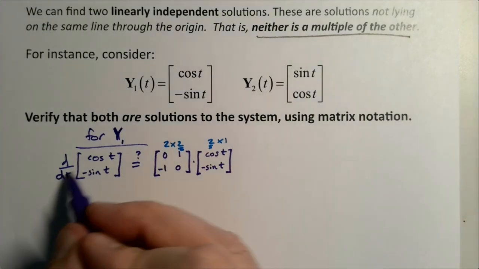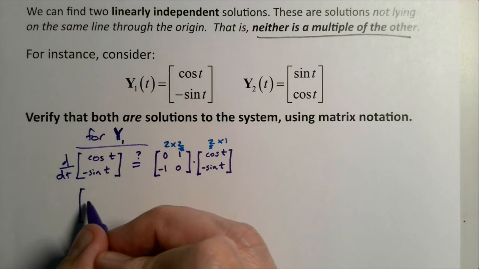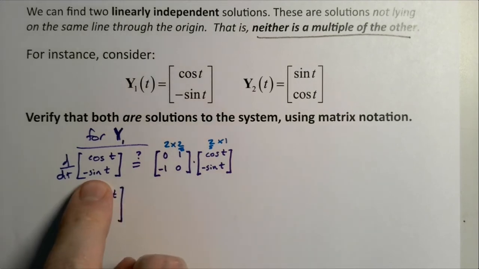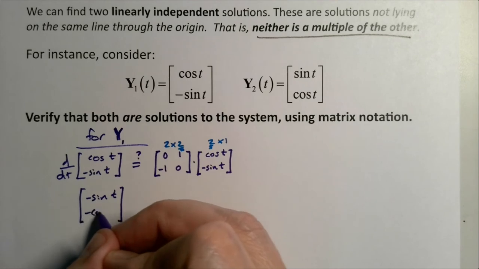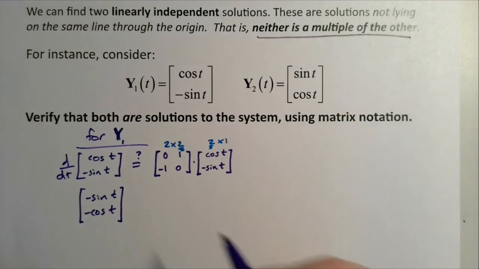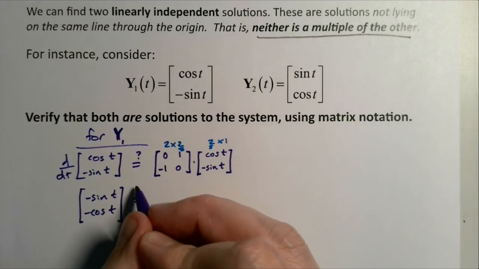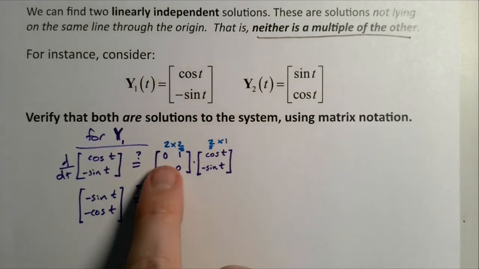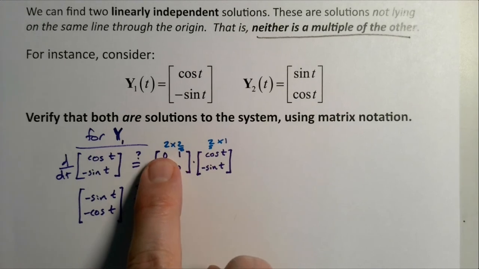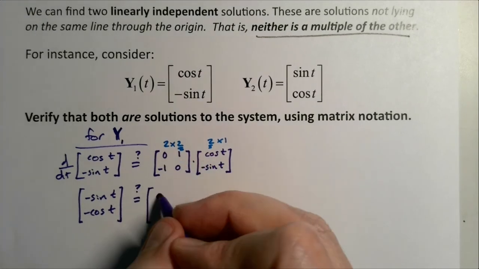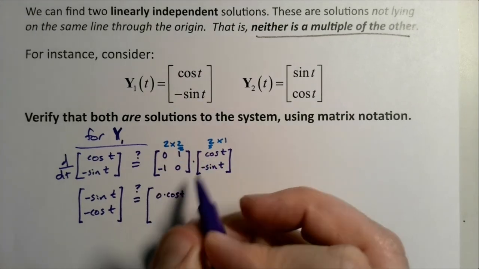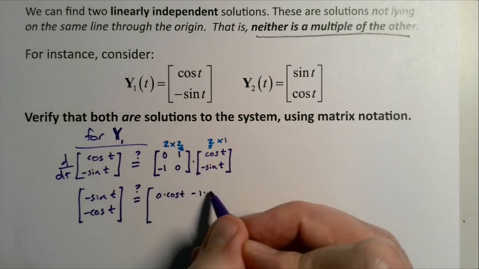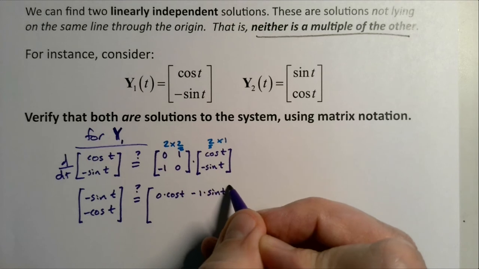So on this side, the derivative of cosine is just negative sine. And in the bottom, the derivative of negative sine is negative cosine. So that side's pretty easy, a little bit of calculus. The question is, do I get the same thing on this side? And I have to do a little matrix multiplication here. So 0 times cosine plus 1 times negative sine, so minus 1 times sine. That's the top element.